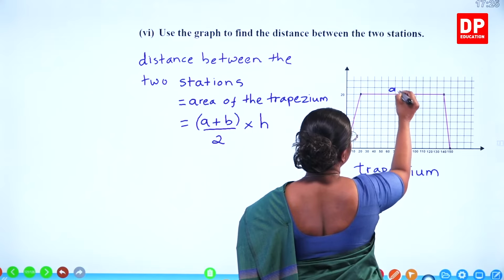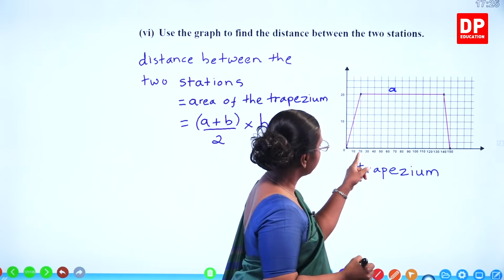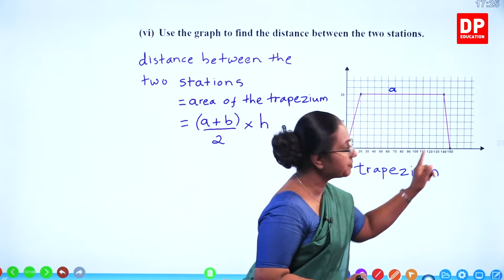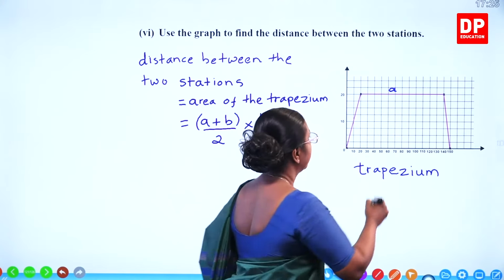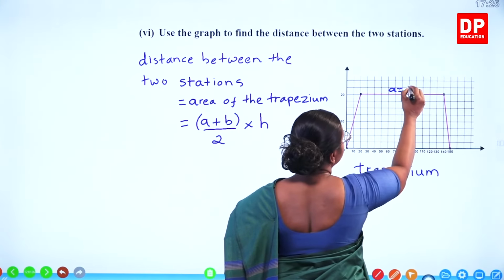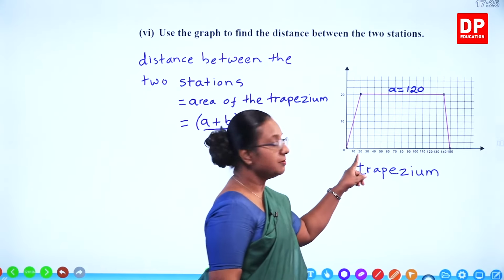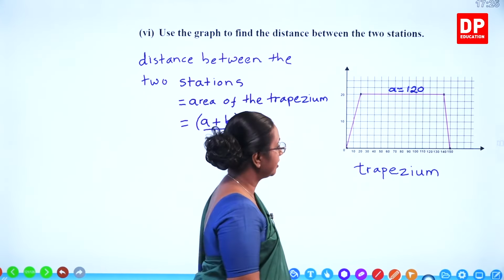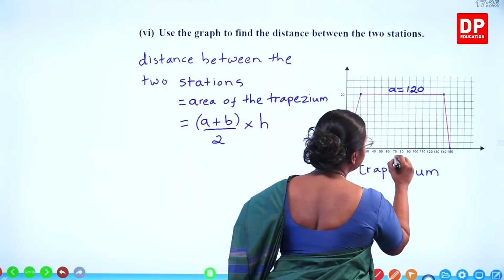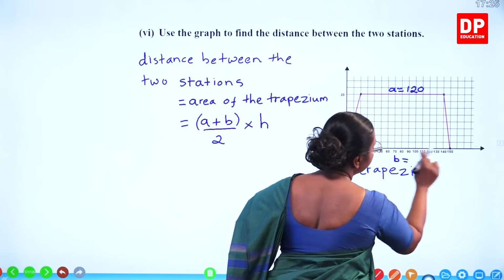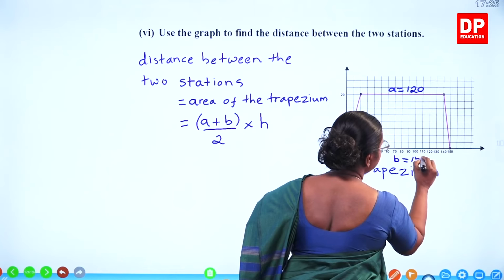So this is going to be A. A starts from 20 and stops at 140. So that value is going to be 120. 140 minus 20, 120, and B is going to be the full length 150.